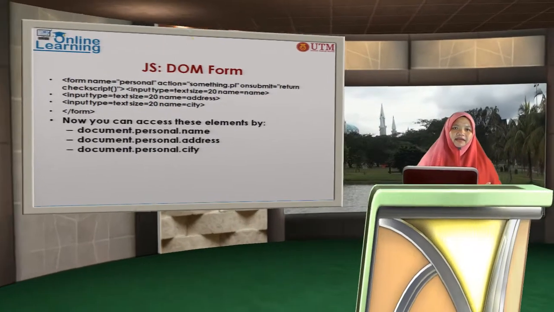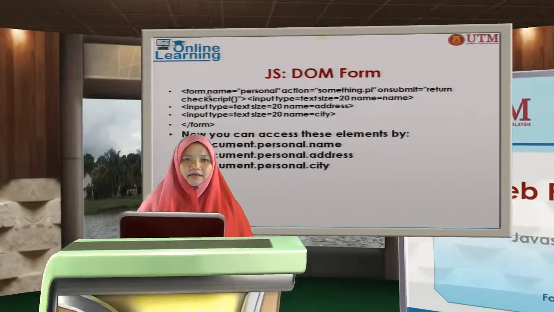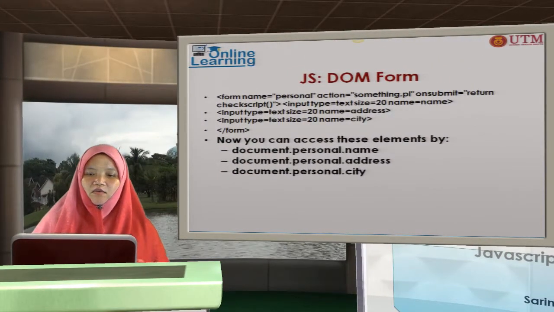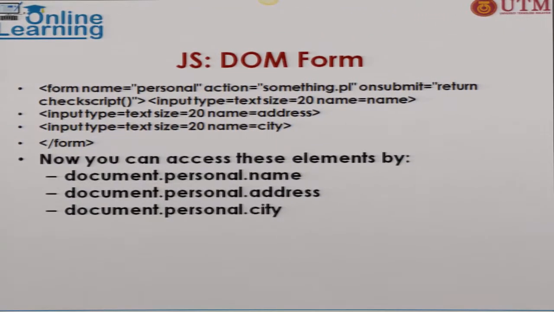The next part is an example of how you can apply DOM form to your page. You start by creating the form, give the form name, and then the action on submit, and then you assign the input text for that specific form.